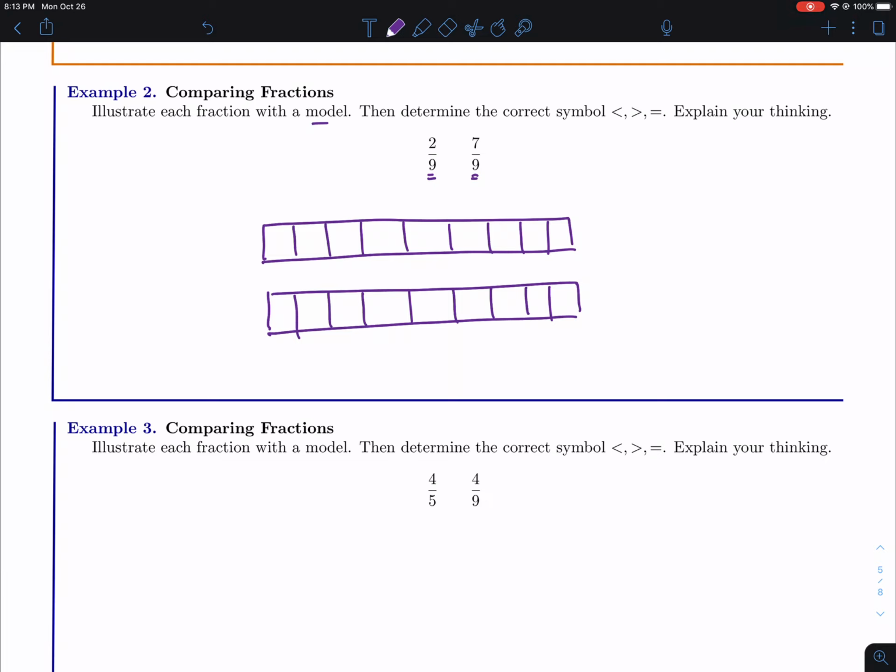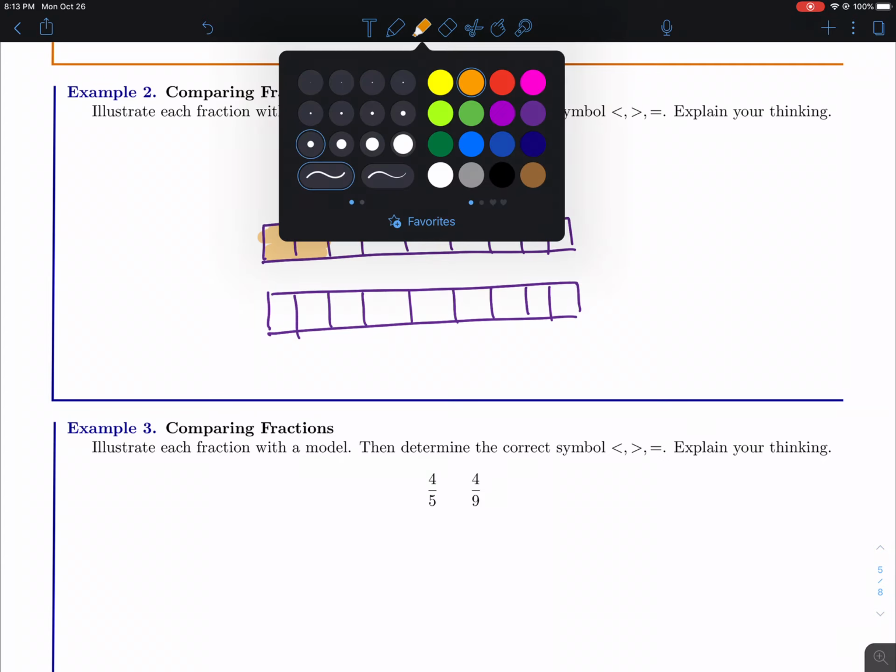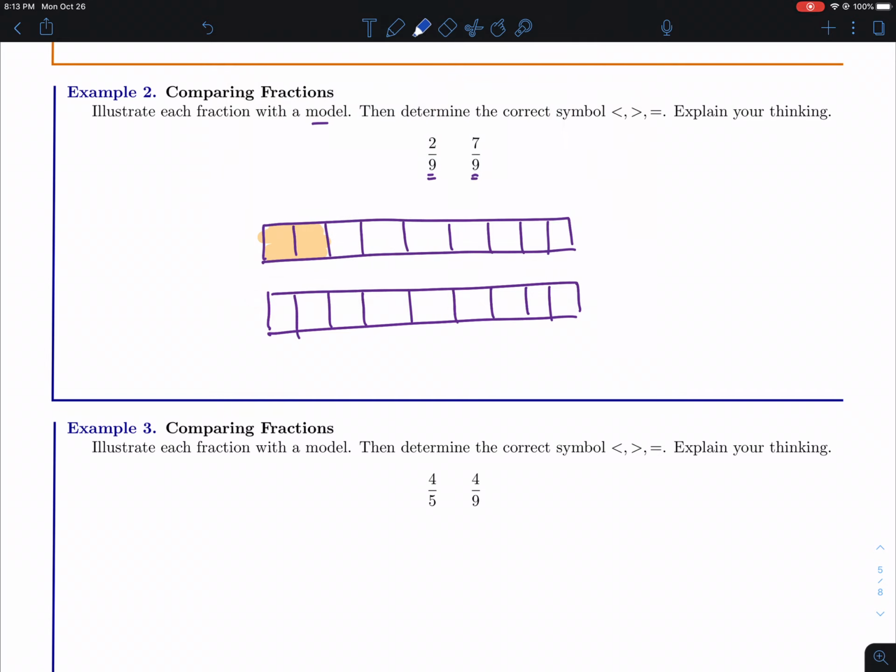So, all right, let me color in 2/9 first. I'm going to use orange for this one. And then for 7/9, let's use blue, say. So in this case, 1, 2, 3, 4, 5, 6, 7. There we go.